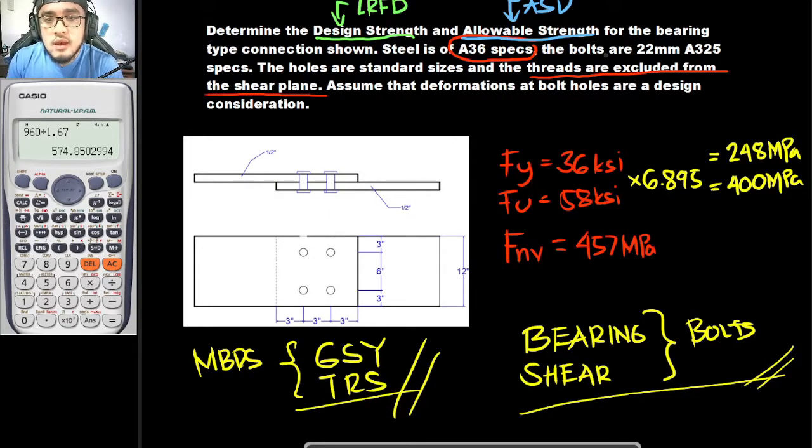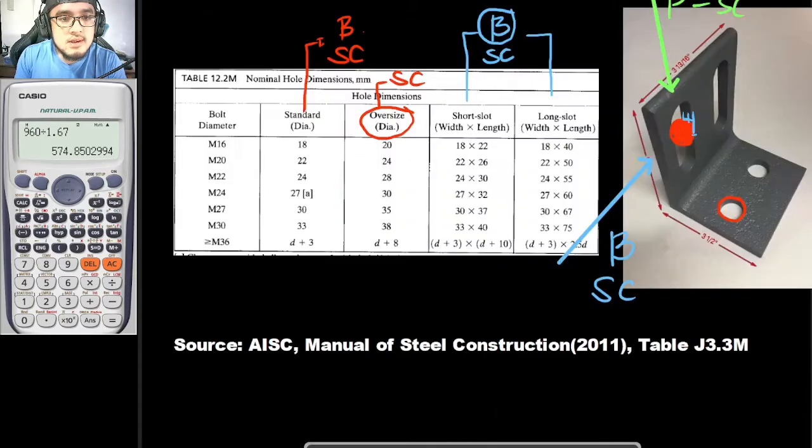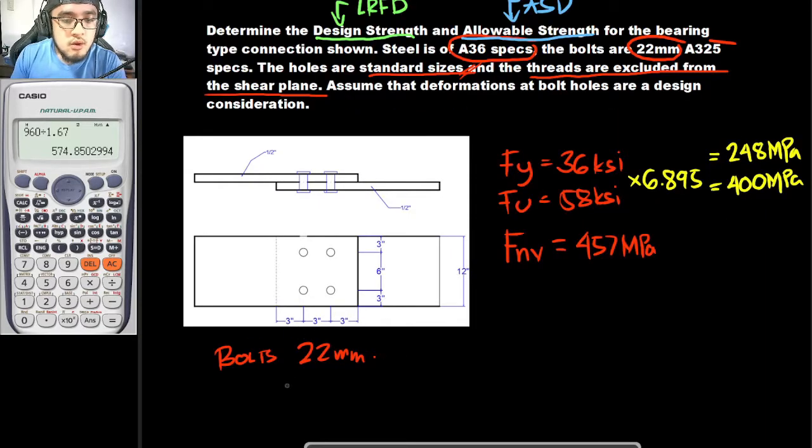So by the way, the bolts are 22 mm, A325 bolts. So, since we are to use standard sizes, ito standard size daw yan, looking at this table right here, pag gumamit daw tayo ng 22, ang standard diameter daw natin is to be 24 mm. So, that is to be your nominal hole.